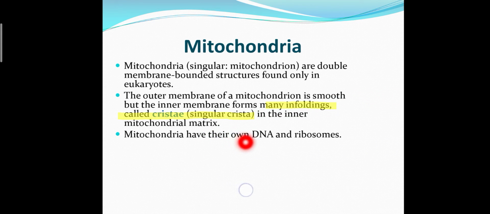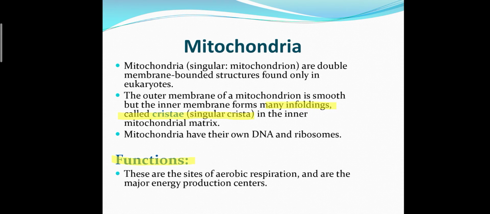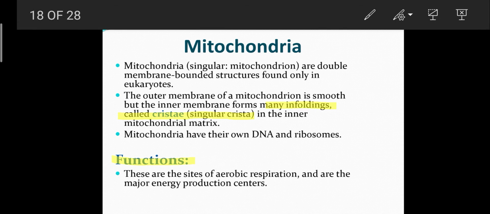Mitochondria have their own DNA as well as ribosomes. If we talk about the functions of mitochondria, these are the major sites of aerobic respiration and are the main energy producing centers.